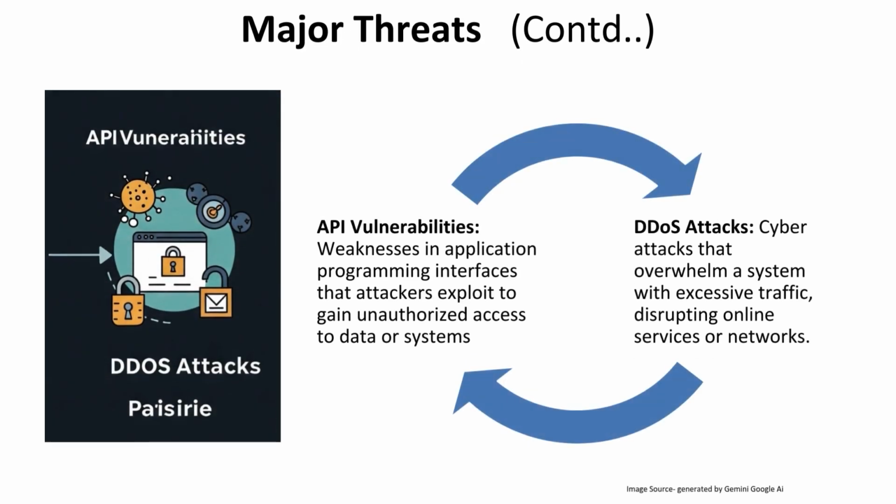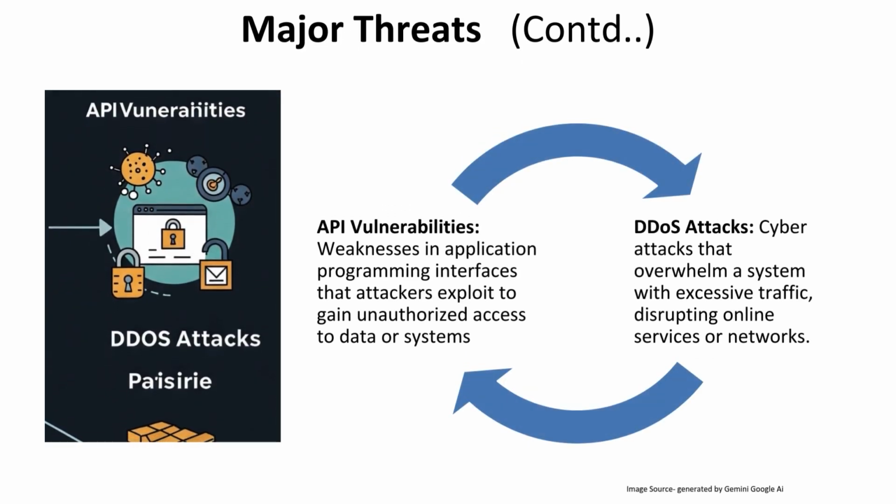Now, the major threats again are API vulnerabilities and DDoS attacks. API vulnerabilities are weaknesses in application programming interfaces that attackers exploit to gain unauthorized access to data or systems. DDoS attacks are cyber attacks that overwhelm a system with excessive traffic, disrupting online services or networks.